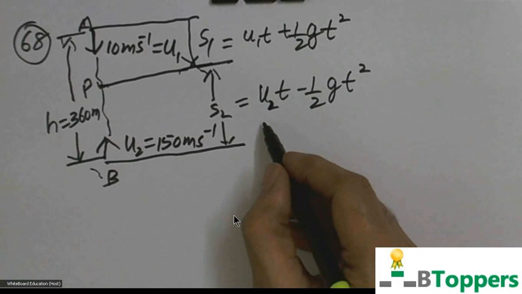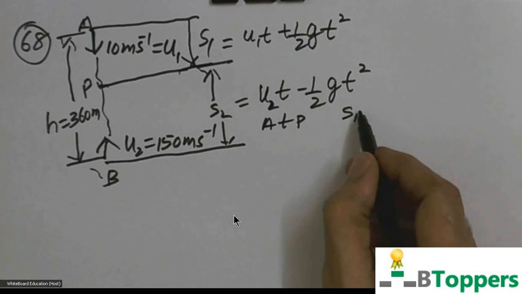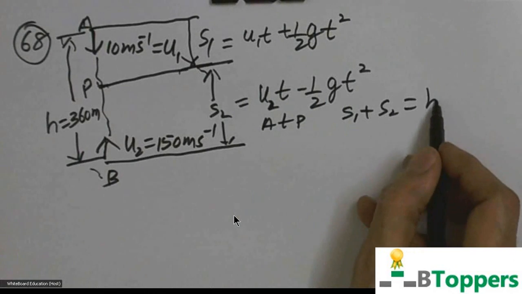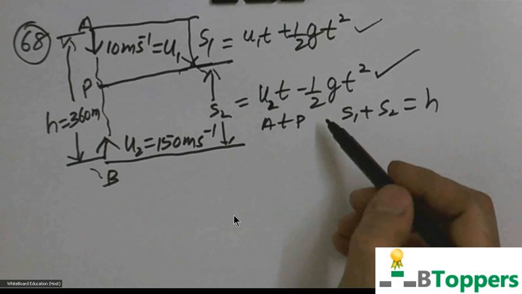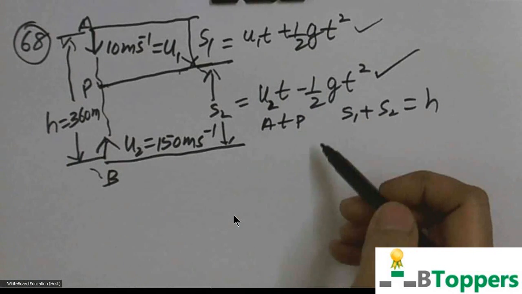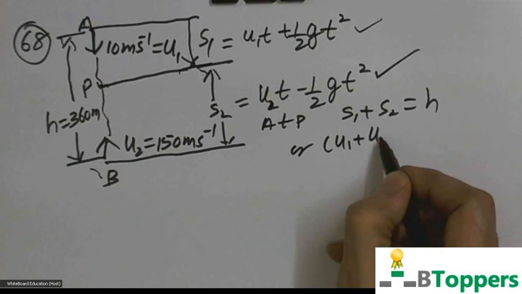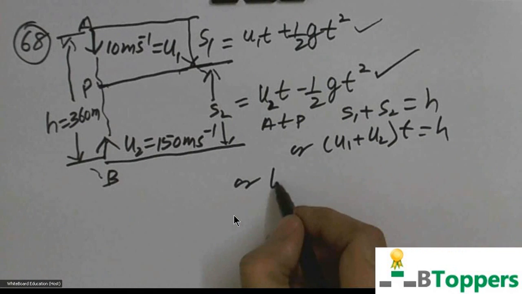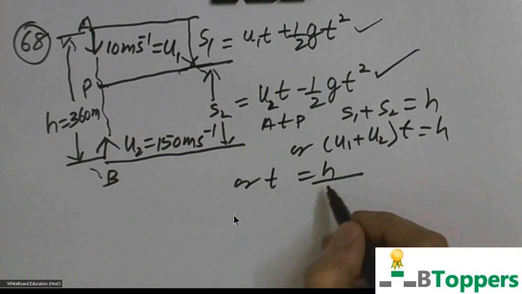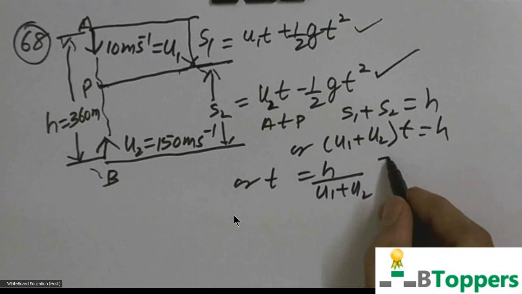At the instant when they meet at the point P, S1 plus S2 equals H. When you add these two equations, plus half gt square and minus half gt square cancel. So you get u1 plus u2 into t equal to h. So the time after which the two balls collide will be h by u1 plus u2.